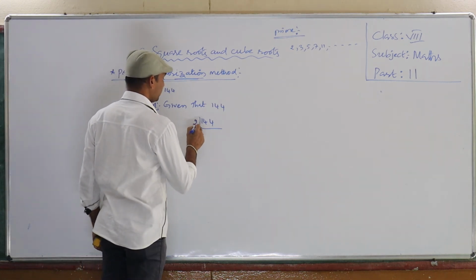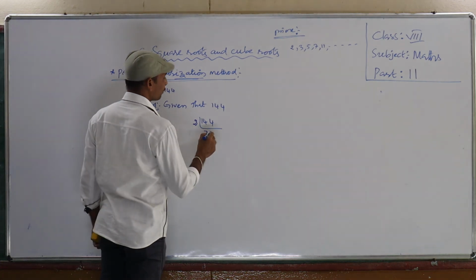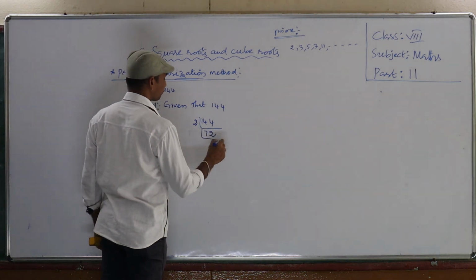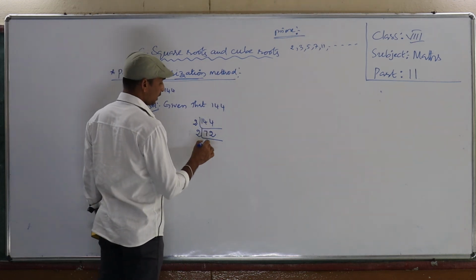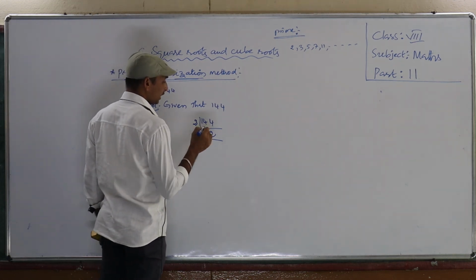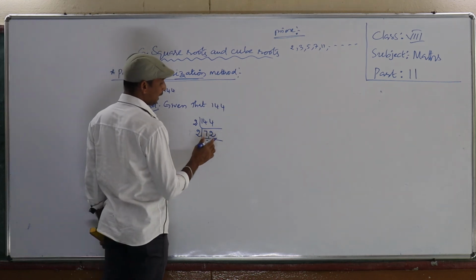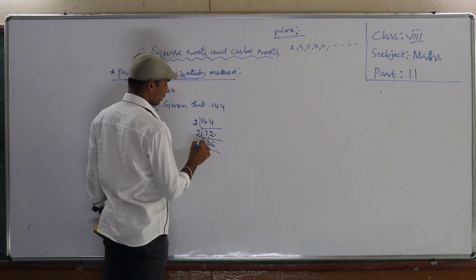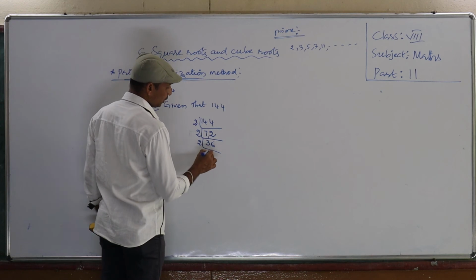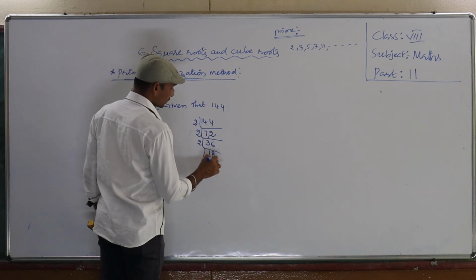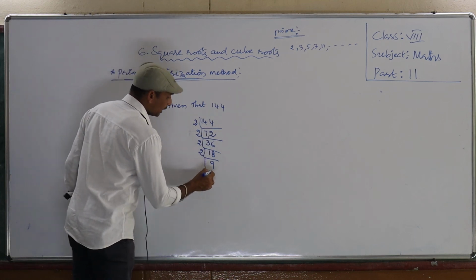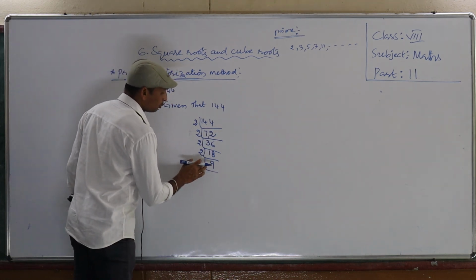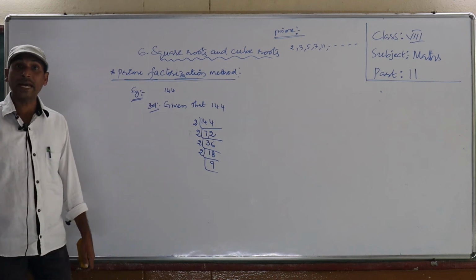So the first prime number is 2. 2 7s are 14, 2 2s are 4. Again, the units place 4 is in the 2 table. 2 3s are 6, 2 6s are 12. Next 2 18s are 36. Next 2 9s are 18. Here if you take 2, in the 2 table you can't get 9.